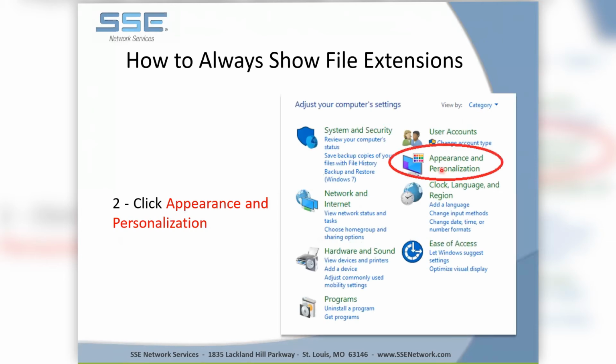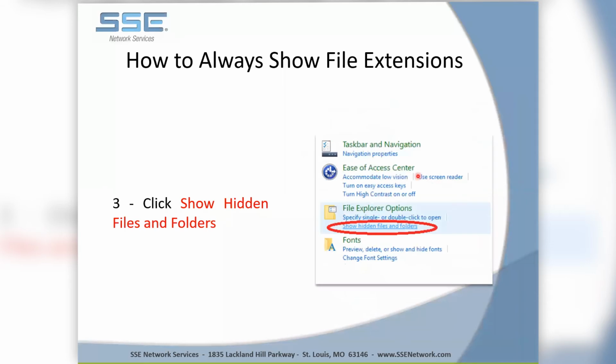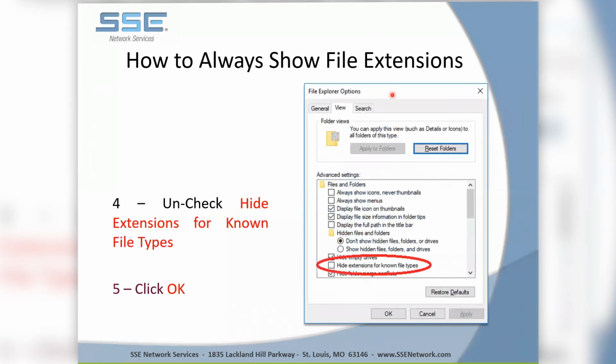And what you want to do is select where it says appearance and personalization. And then you want to go down and locate on your screen where it says File Explorer Options, and there's a little link there called Show Hidden Files and Folders. If you click that, that's going to open a little File Explorer option.